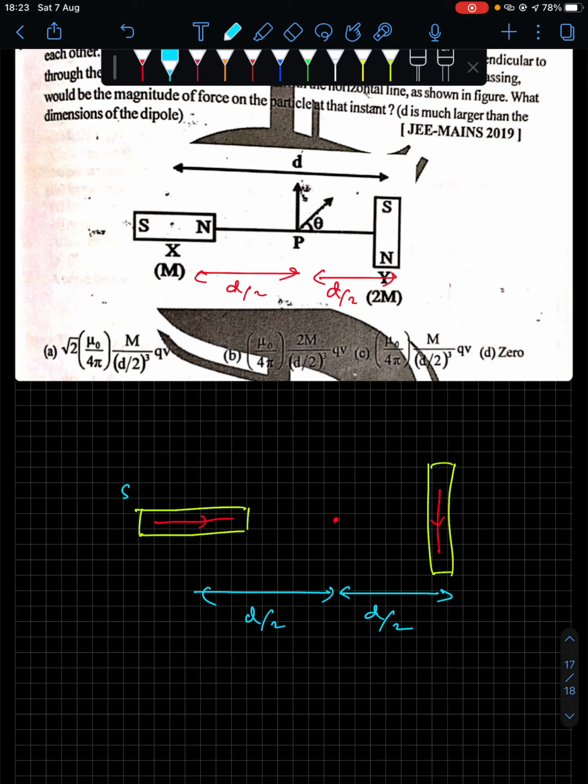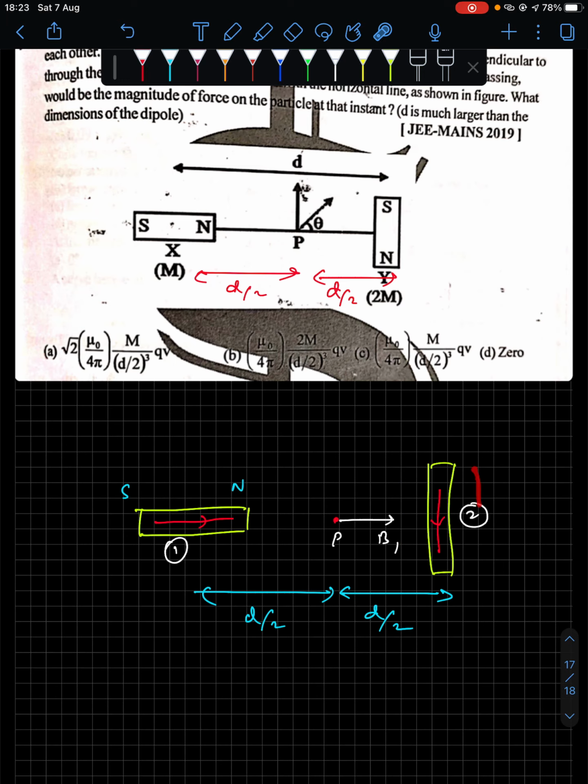Since this is south and north, the field due to the axial line at this point P will be along this way. This is B1. Say this is the first magnet and this is the second magnet.